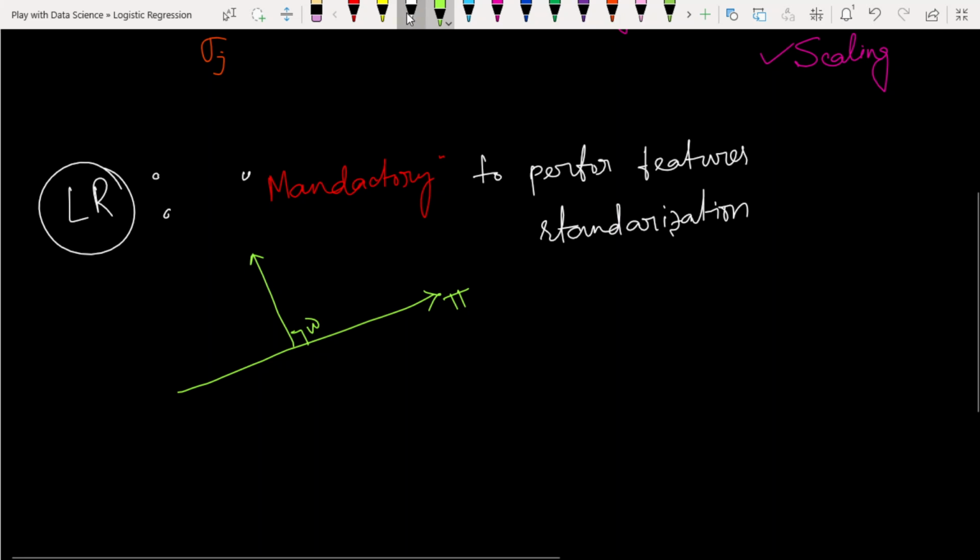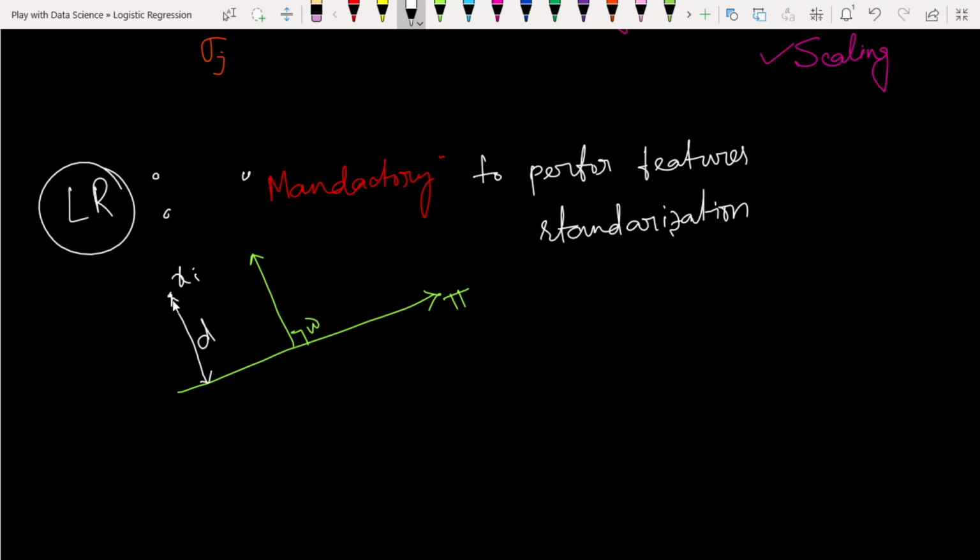At the end of the day we have to find distance. If it is a data point xi, then we calculate the distance from the plane.